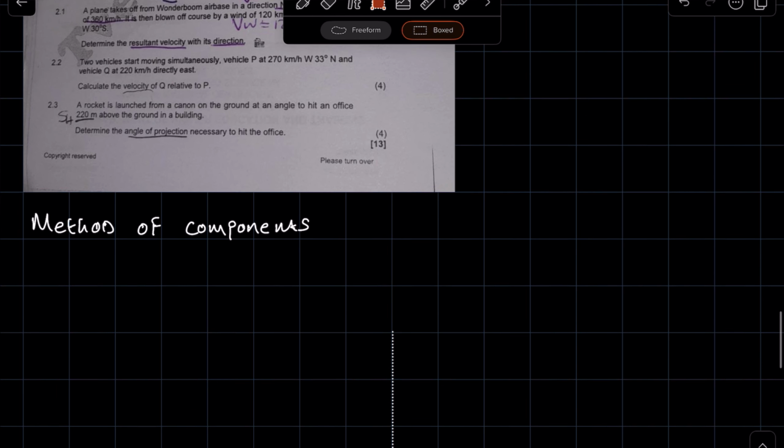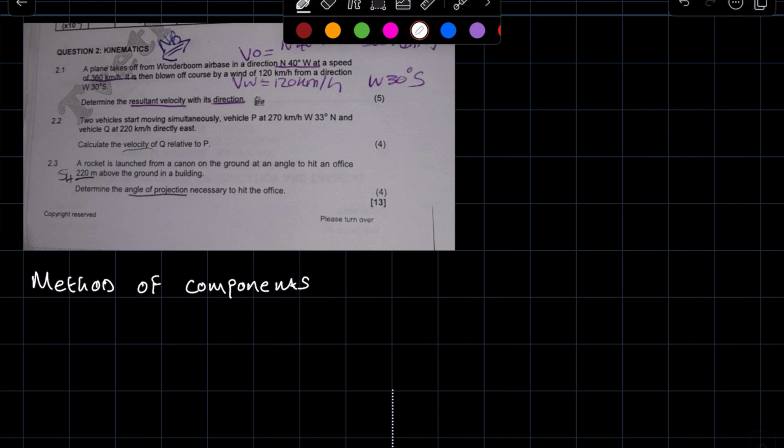Now, based on what we've been given here, they said the plane takes off from the base in a direction north 40 degrees west. So the plane takes off and goes in a direction north 40 degrees west at a speed of 360 kilometers per hour.